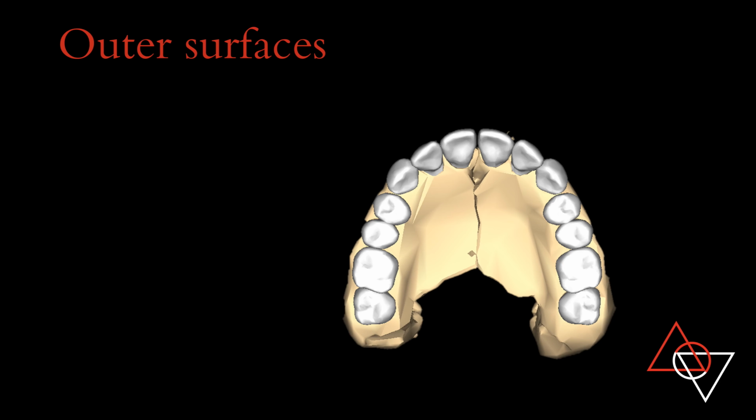The easiest way to know which surface I'm talking about, well, here I have an arch sort of explaining which surface that is, if it makes any sense. This is the surface that you usually see on people when they smile. It's called facial surface because it's towards the face.